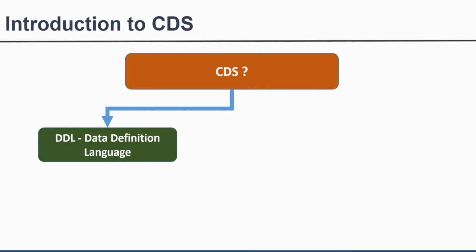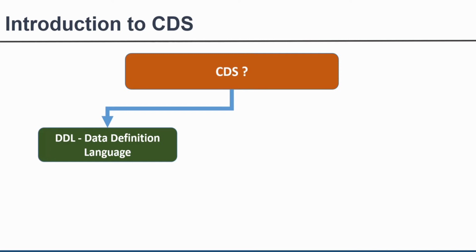When we talk about CDS, we have to refer to the DDL, which is the data definition language, and DDL is considered an enhancement of SQL that allows us to define the semantically rich database tables and views, often referred to as CDS entities, and other user-defined types in the database. This allows us to simplify and harmonize the way we define and consume the data models.